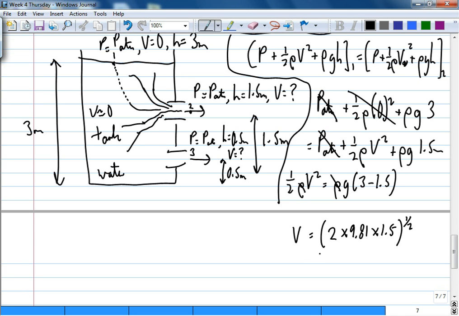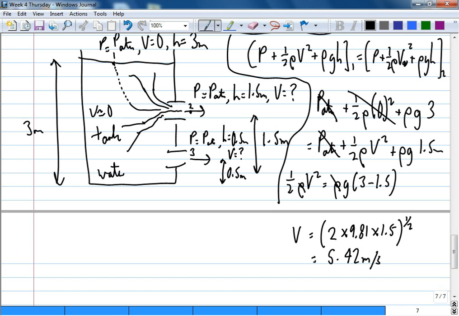What's the answer? 5.442 meters per second. Quite fast already, huh? So this is the ideal case. When you have no energy losses, it will come out at 5.42. Realistically, it's going to be less than that.